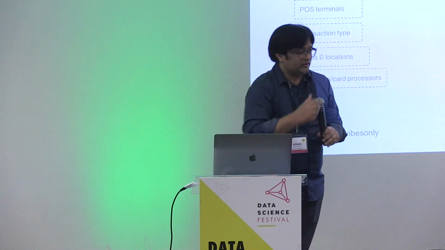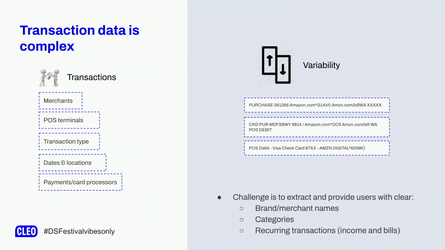Transaction data is complex. When we have these raw transactions, as you see in some of the examples, they could have multiple entities like merchants, point of sale terminal information, transaction types, banks, and different payment and card processors. They could be present in the transaction description in different orders, so there's a bit of variability in how they appear in the raw transactions.